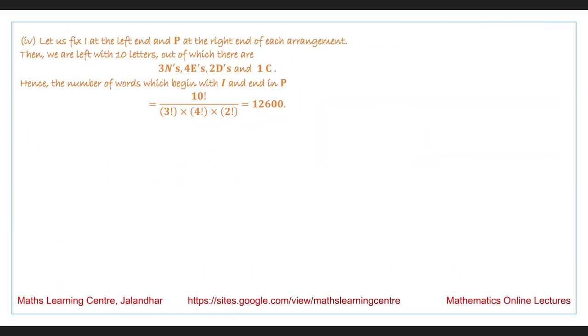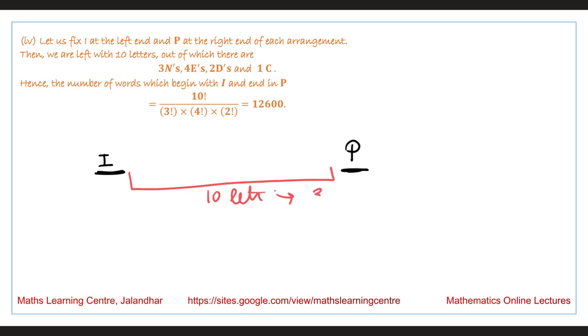And the last case is that the word starts with I and ends with P. So the remaining number of letters we have is 10 letters. And in these 10 letters there are 3 N, 4 E, 2 D and 1 C. So the number of ways we have is, for this I it is 1, for this P it is 1.